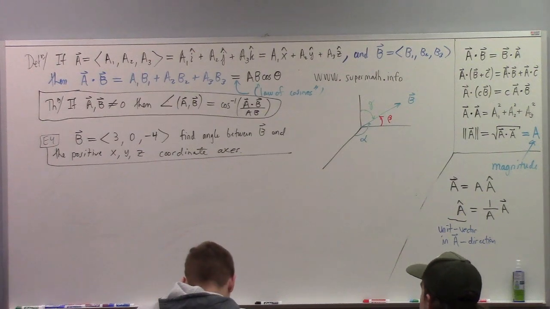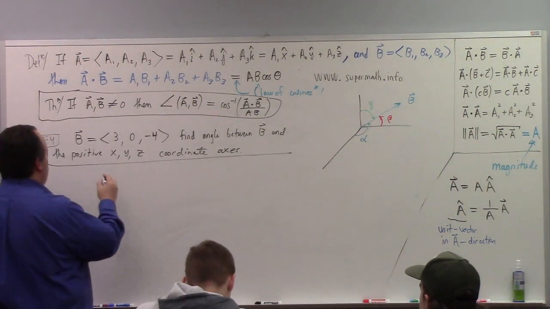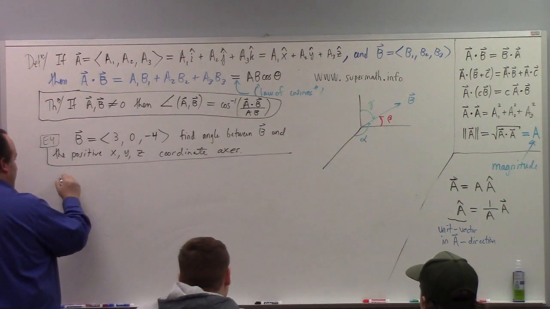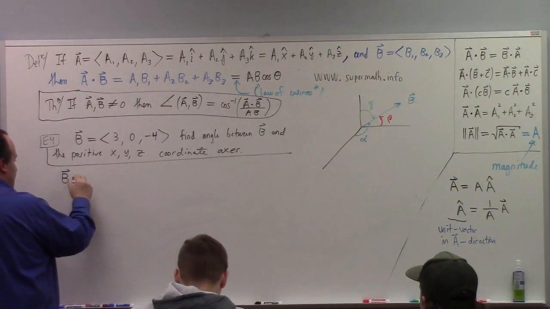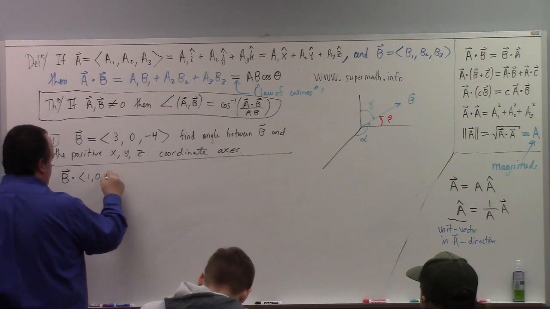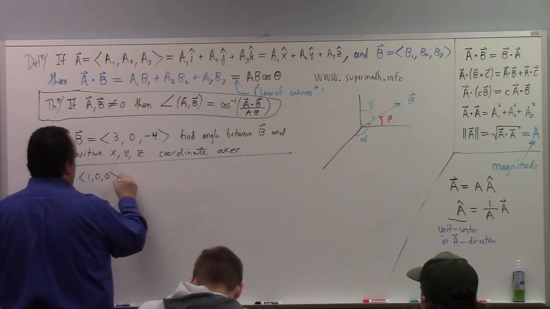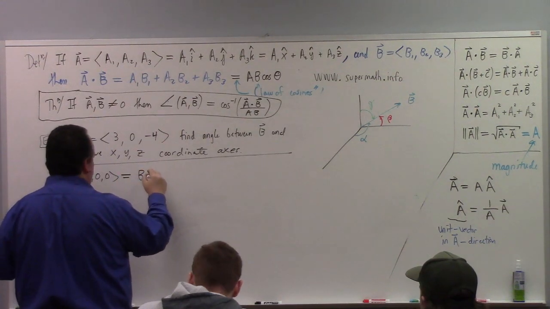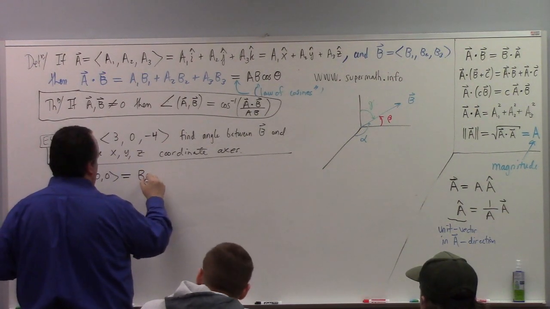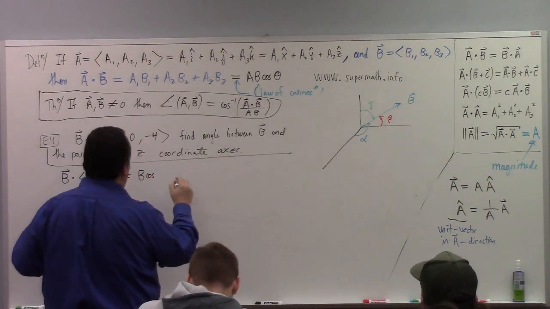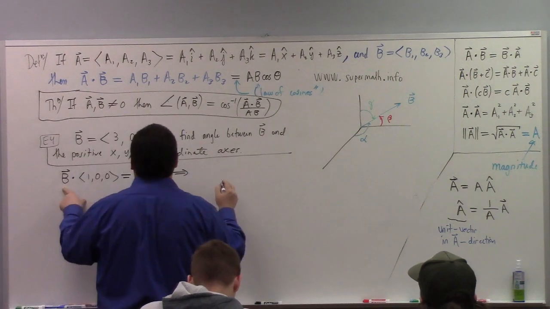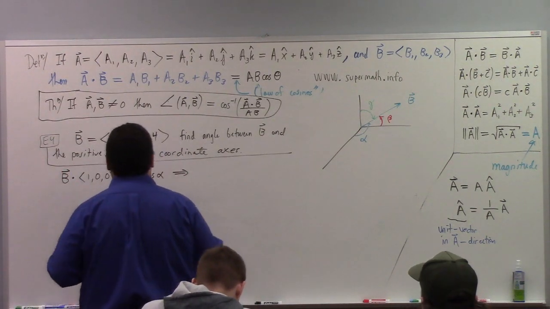So let's get to it, right? Like alpha. Let's just write down the formula first. B dot 1, 0, 0 is equal to the magnitude of B times the length of 1, 0, 0, which is 1, times the cosine of alpha. So what is the length of B? I guess I should figure that out.